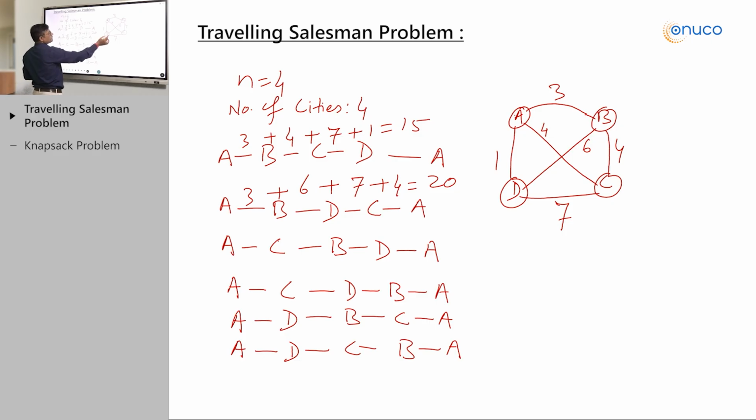Now for the third path, A to C is 4, C to B is 4, B to D is 6 and D to A is 1. It's 15. A to C is 4, C to D is 7, D to B is 6 and B to A is 3.